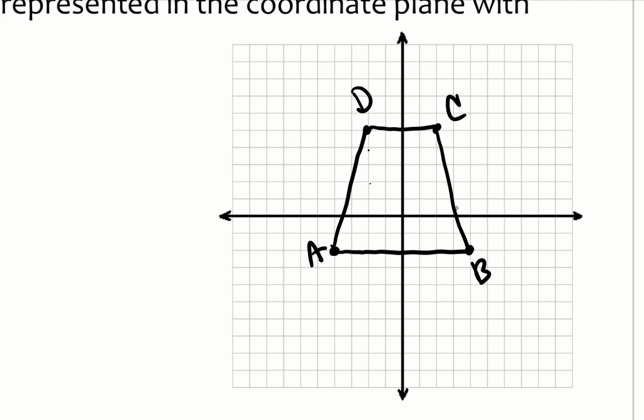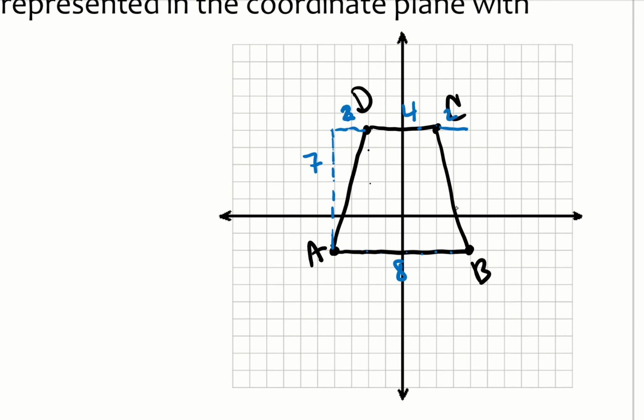DC is pretty straightforward. It's 1, 2, 3, 4 units between. AB, also pretty straightforward. 1, 2, 3, 4, 5, 6, 7, 8 units across. Now from A to D, since it's a diagonal, you have to do the vertical and the horizontal distances here. 7 up and 2 across.